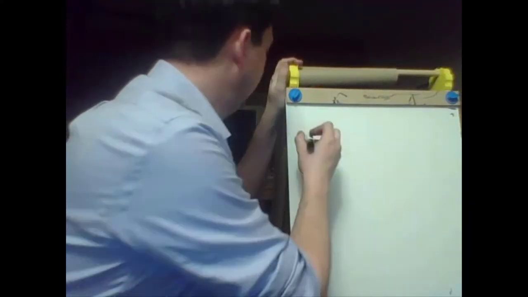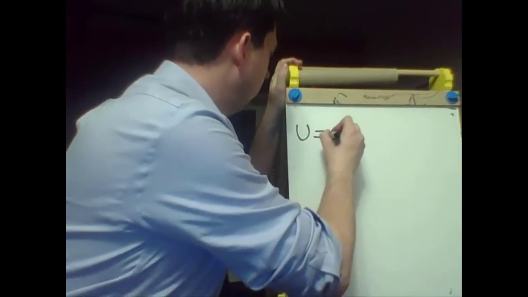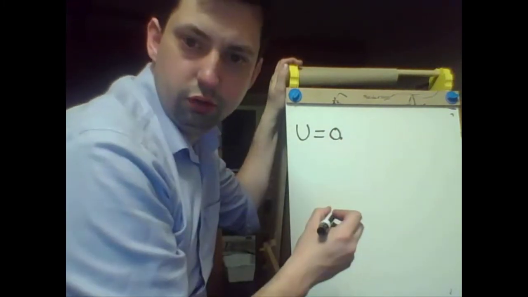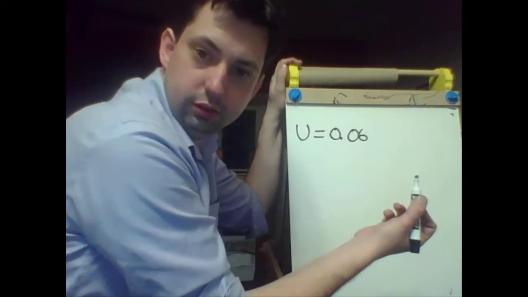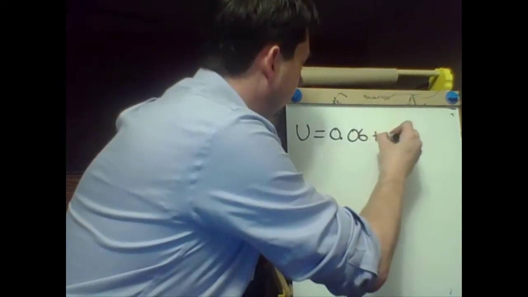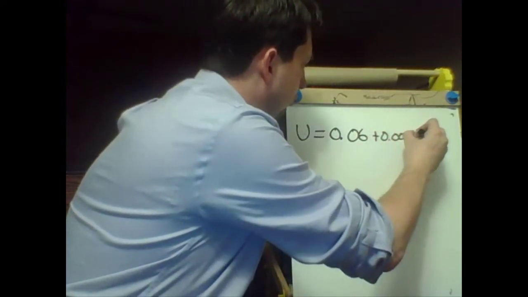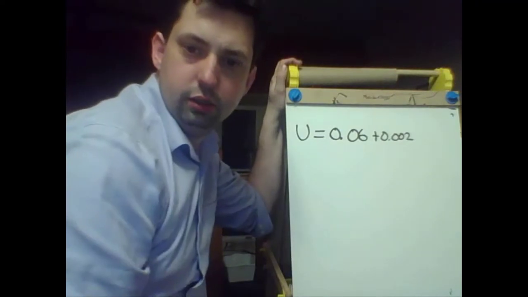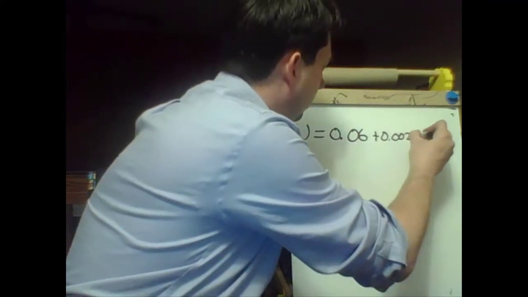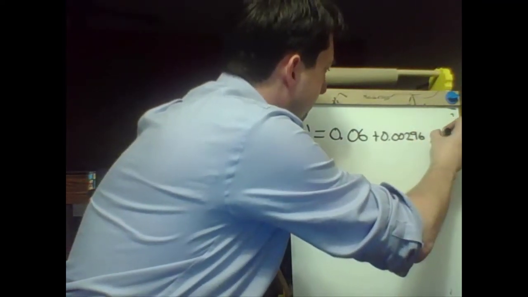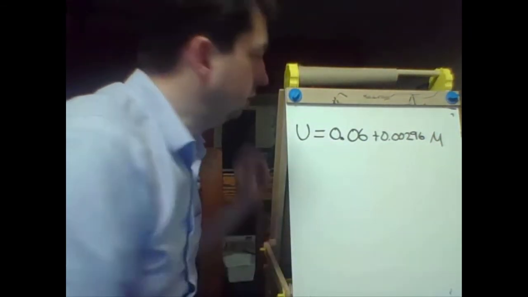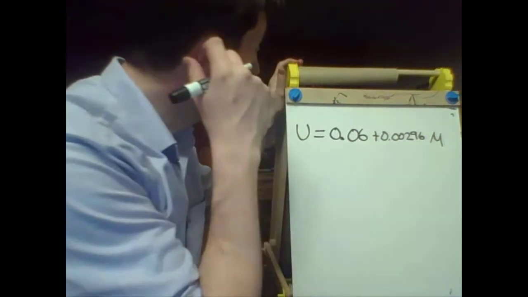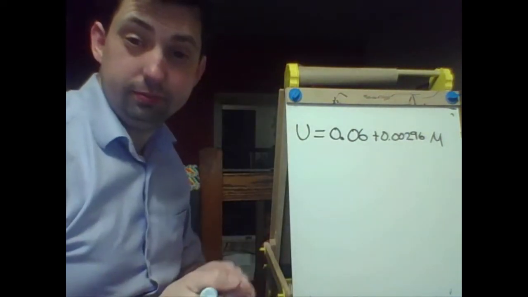So we have unemployment rate equals 0.06 roughly plus 0.00296 murders. If I make that murders per million, what happens?